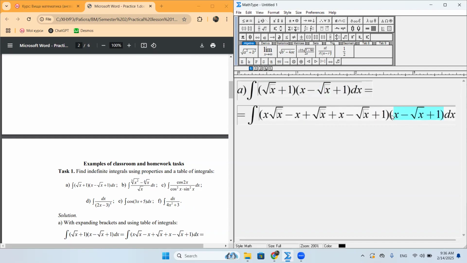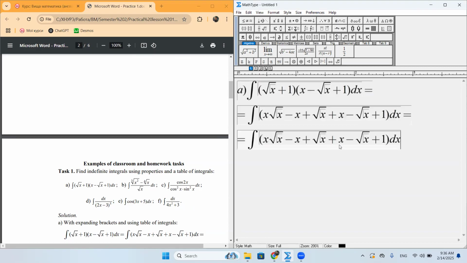And these brackets are going away. So some components in this expression can be destroyed. So x and minus x, and also the same with the square roots. So now it looks much simpler.